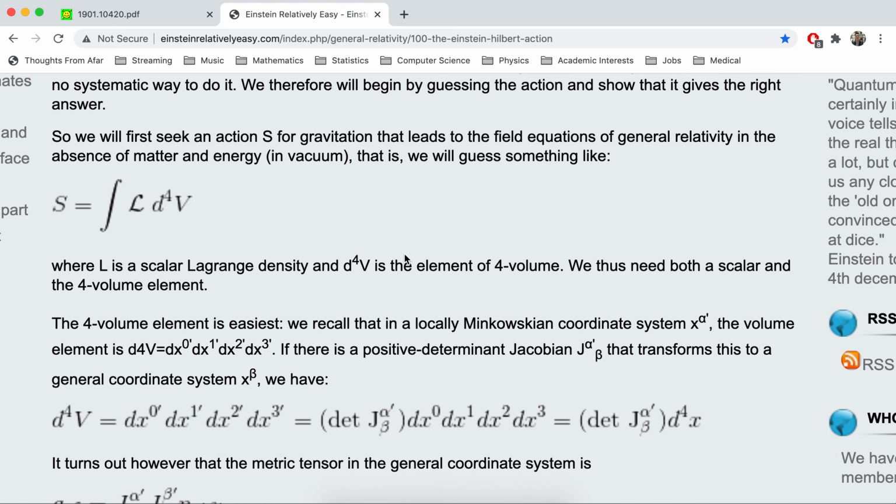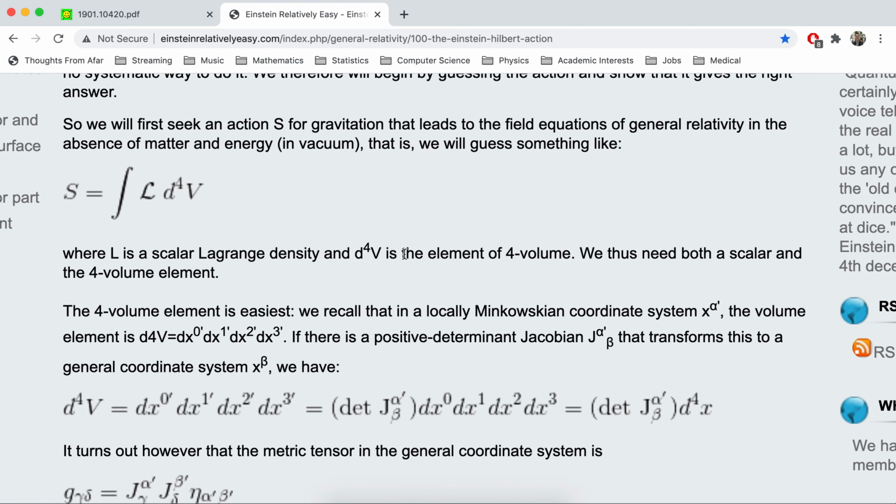An action is something that physicists use to derive equations. What I mean by this is the action will operate on something, meaning the action will do something to some object. And then based on that action, you should be able to figure out some kind of relationship about the quantity that you're looking at.